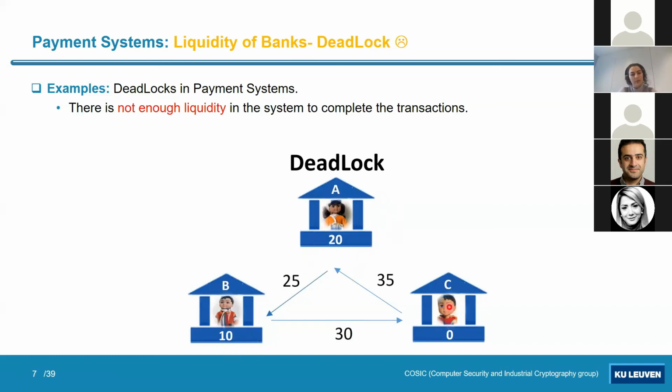Again, parties do not have enough money to do their transactions, but even if they start simultaneously and receive the money that they are supposed to receive from the other banks, still bank C will not be able to do its transaction because it is receiving 30 euros and it is supposed to send 35 euros. So in this case, we say the system does not have enough liquidity to complete the transactions.